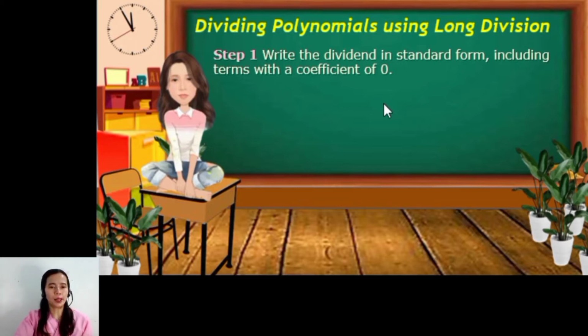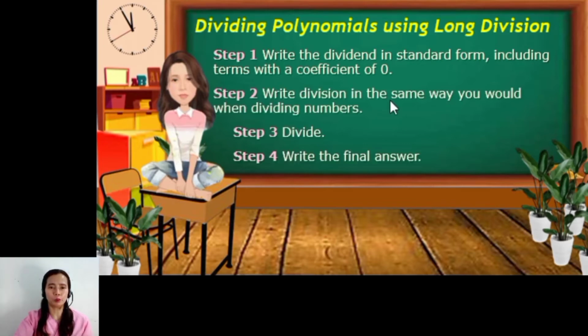So kung walang exponent, it must be written in descending order. Dapat pababa yung exponent. Kung may missing term, maglagay kayo ng 0 para hindi kayo nalilito. Step 2, write division in the same way you would when dividing numbers. Then step 3, divide. Then step 4, write the final answer.